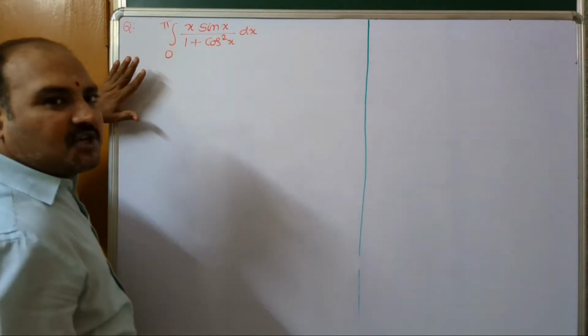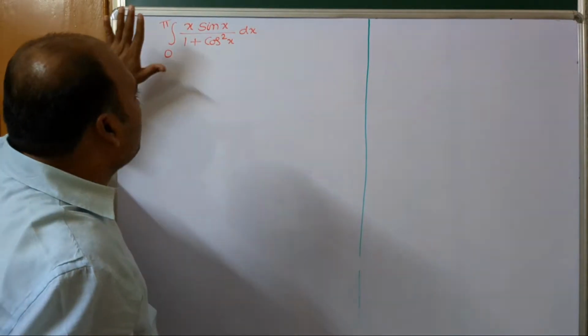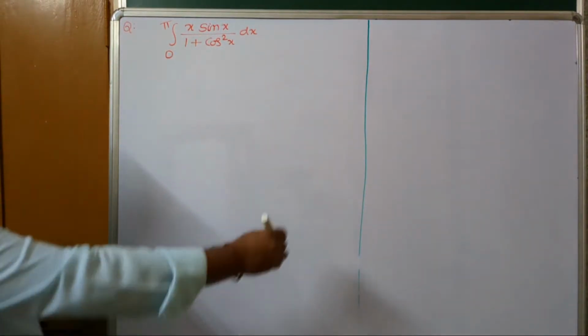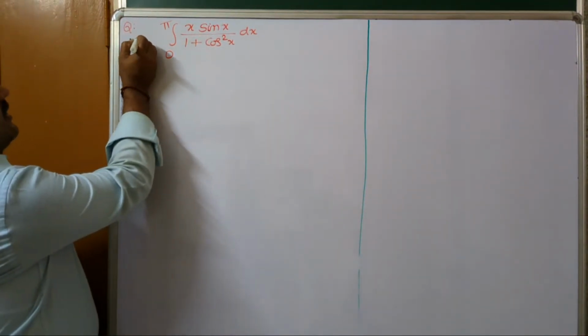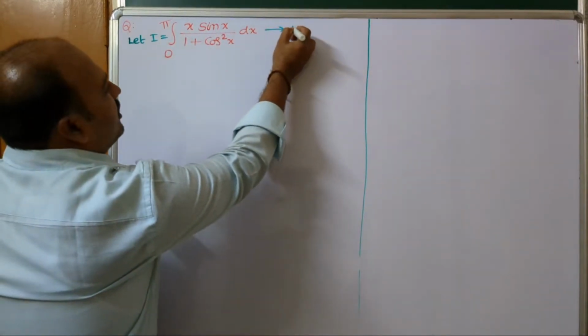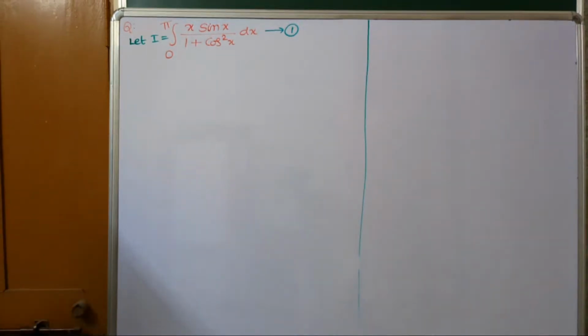Whenever you solve these types of problems, first you have to assume the given integral as I. So first, let us consider the given integral. Let I equal to, put that as equation number 1.